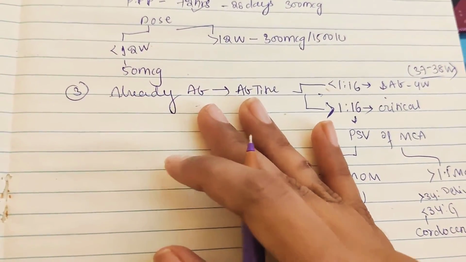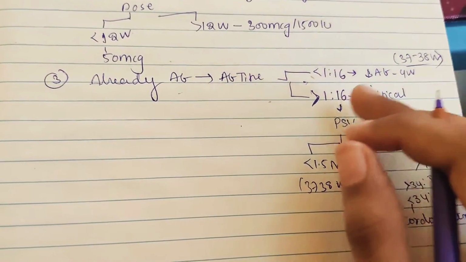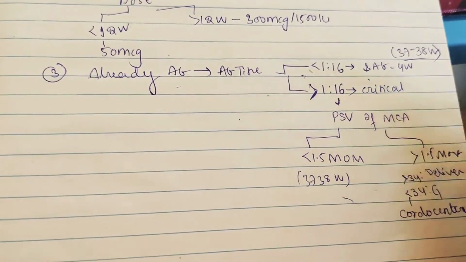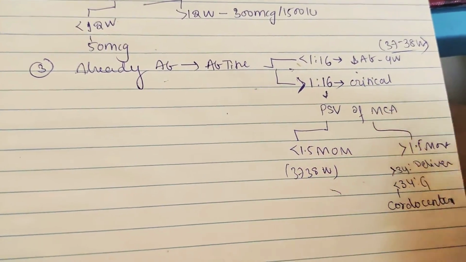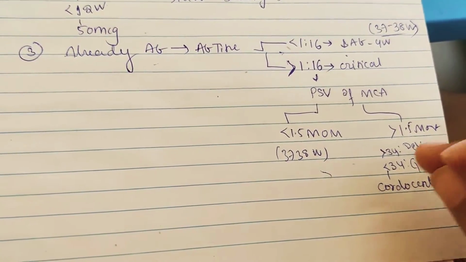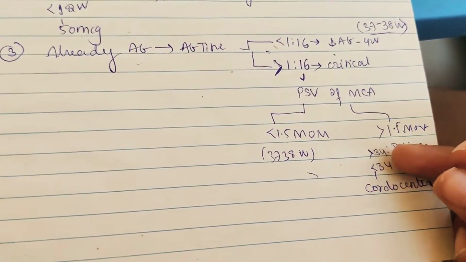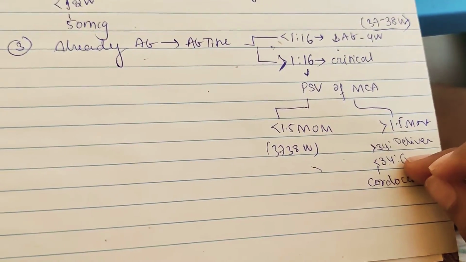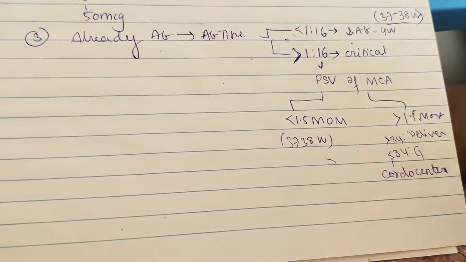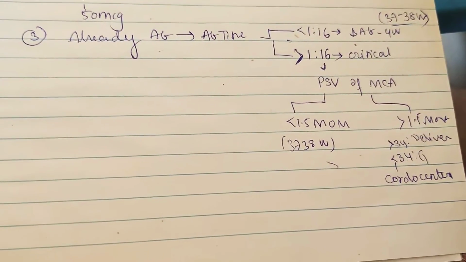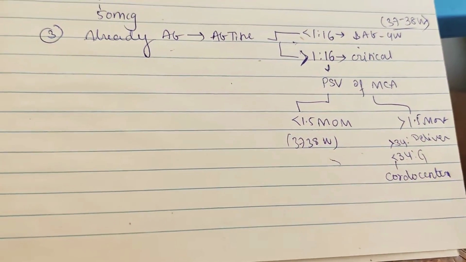Already antibody is produced. If the titer is less than 1:16, lucky, leave it. If greater than 1:16, it is critical, you need to do PSV. If this PSV is greater than 1.5 and it is less than 34 weeks, you need to give steroids and you need to mature the lungs. Next, you need to do cordocentesis. After cordocentesis, you need to know exactly how much hemoglobin is present.